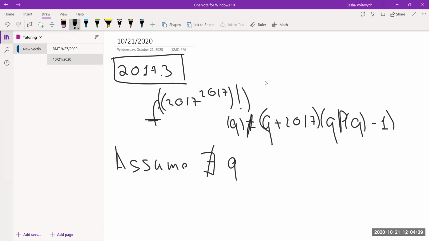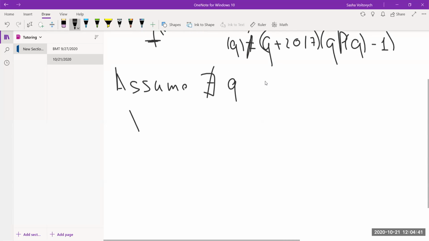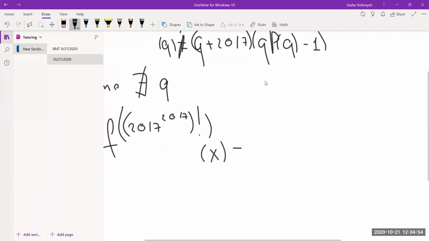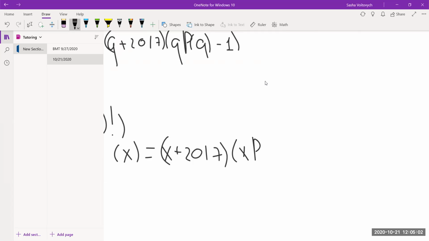Assume that q doesn't exist. Then for any x, we would have this expression on the left and an expression on the right always equal, since no such q exists, times x px minus 1.